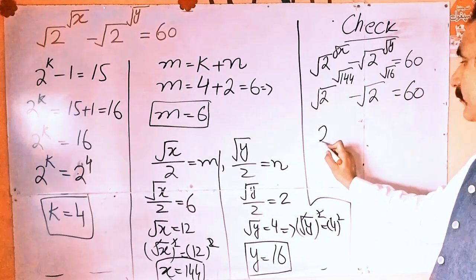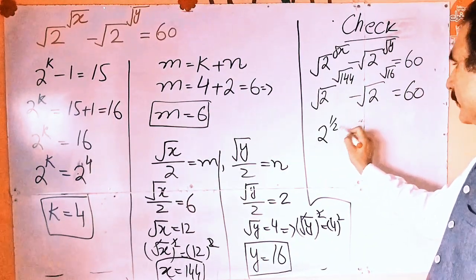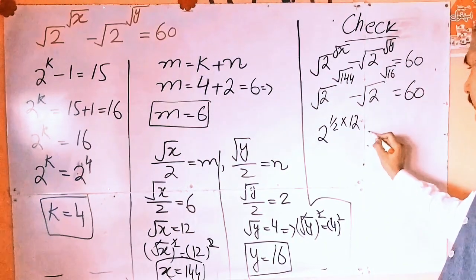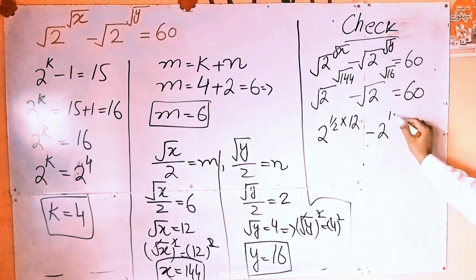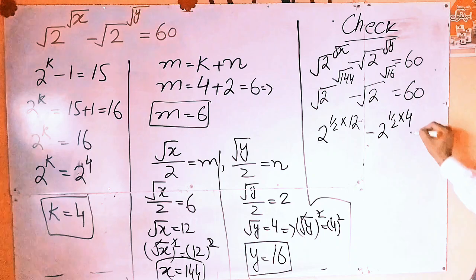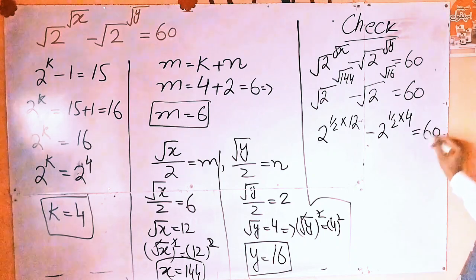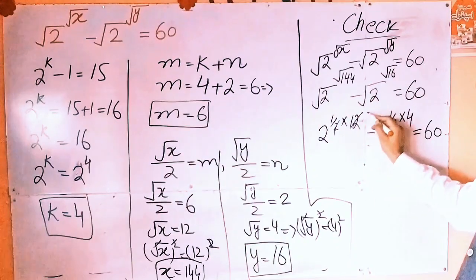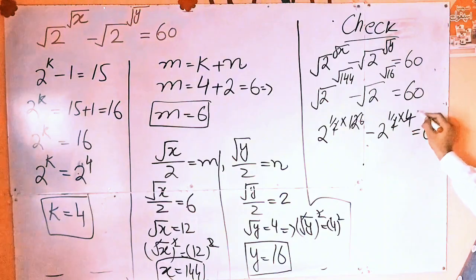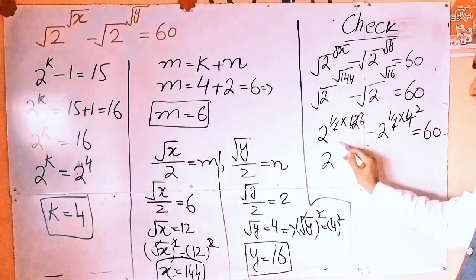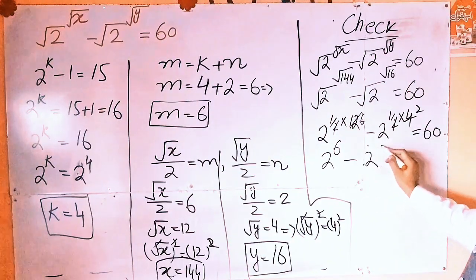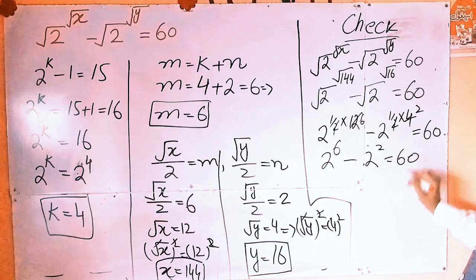To remove the square root, 2 power 1 over 2 multiplied by 12 minus 2 power 1 over 2 multiplied by 4 is equal to 2 power 6 minus 2 power 2, is equal to 60.